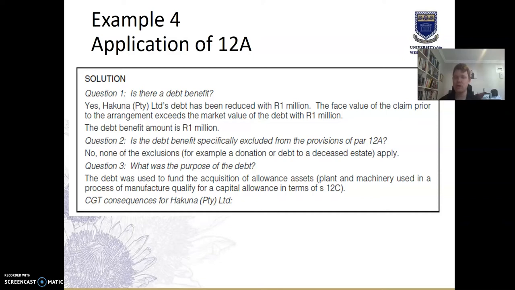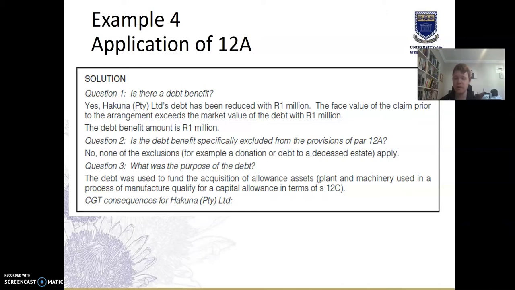Now, what I want you to do every time, have a look at paragraph 12A. There's a list of exclusions there that are things that mean 12A will not apply. One or two of those won't make a huge amount of sense, but have a look through that list, look in your textbook as well, and you will notice that there's a couple that you may come across. 12A, for example, will not apply to a donation.